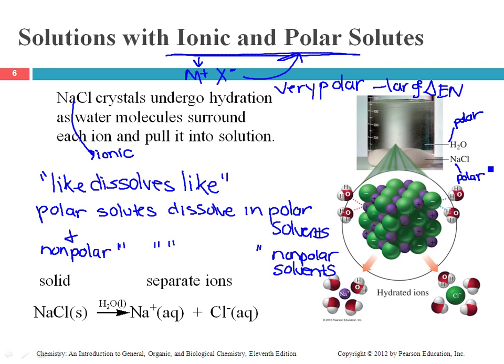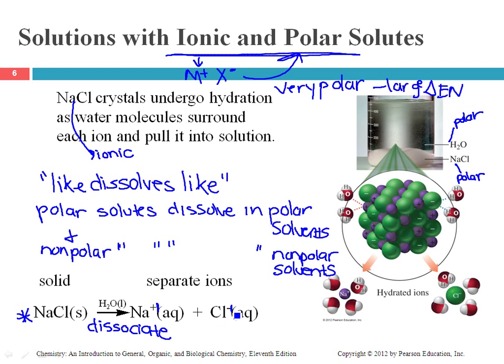Okay, and so what actually happens here, so we would show this, if we represent this with an equation, we would say that NaCl in water will dissociate, that's what we used here, to its constituent ions of Na+ and Cl-. Okay, remember, sodium is in group 1, so it has a +1 charge, and chloride is in group 7, meaning it wants to gain one more electron to be like the nearest noble gas, so it has a -1 charge.